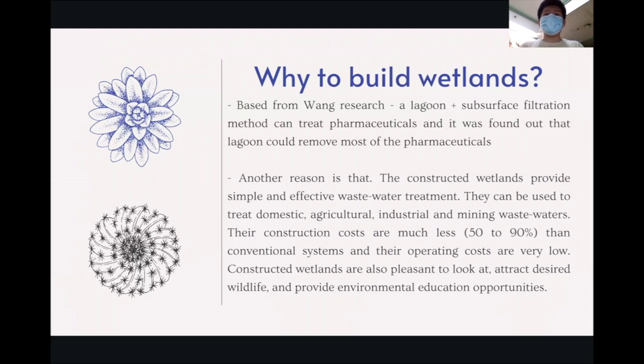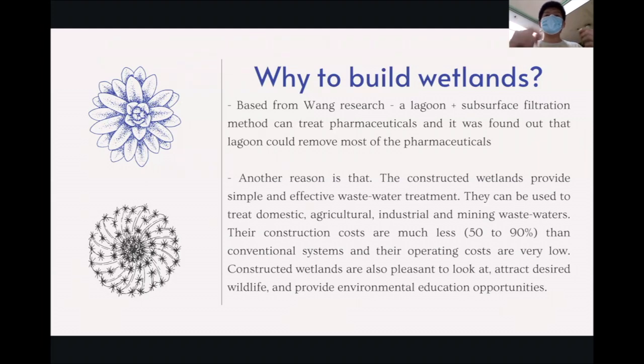So it means that lagoons or the constructed wetlands can help us reduce those diseases or waste that we don't want to have in our daily life or our environment.